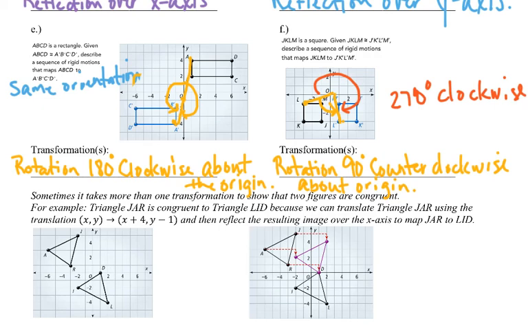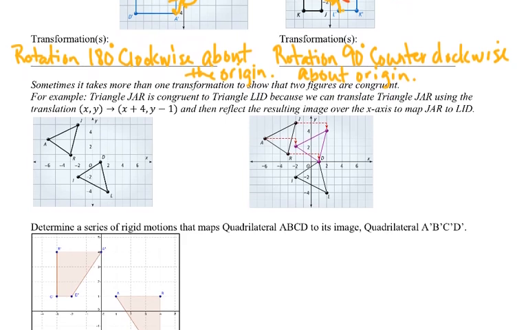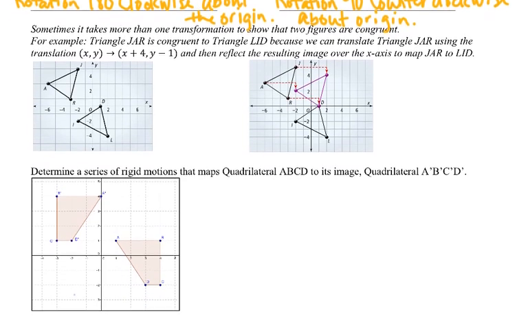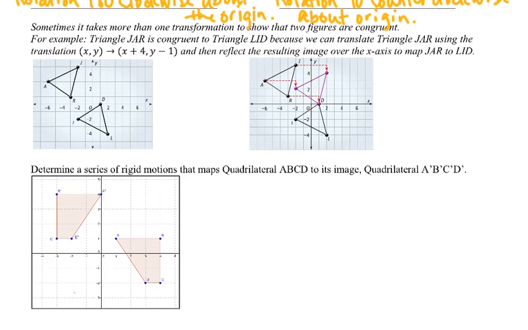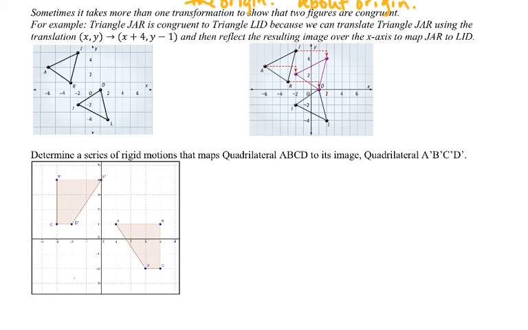Sometimes it takes more than one transformation to show that two figures are congruent. So triangle JAR is congruent to LID. So you look at where J is, and you look at where L is, and those two have to go on top of each other.